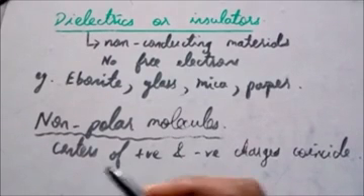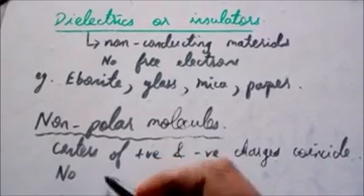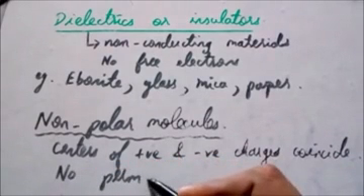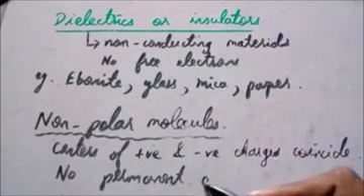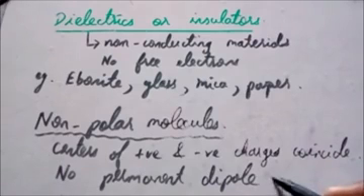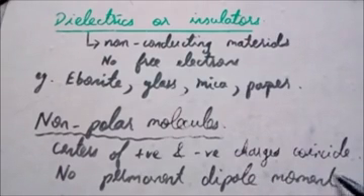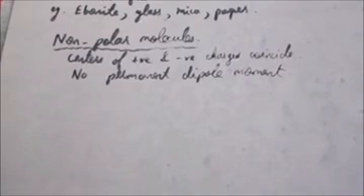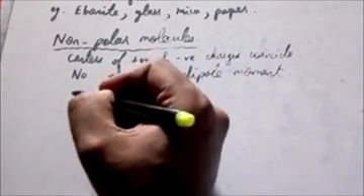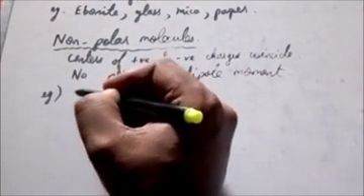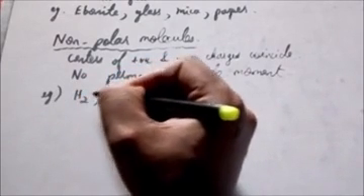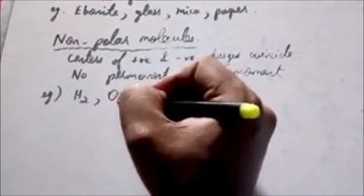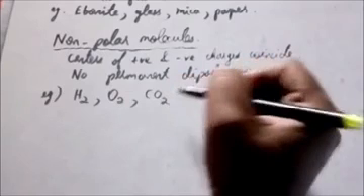Then it has no permanent dipole moment. I'll explain all this one by one. Let us see some examples: hydrogen, H2, then oxygen, O2, then carbon dioxide, CO2.